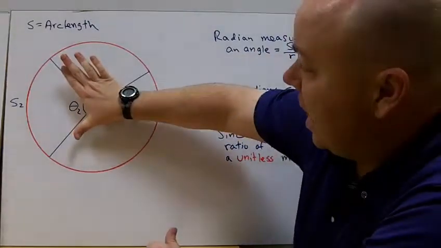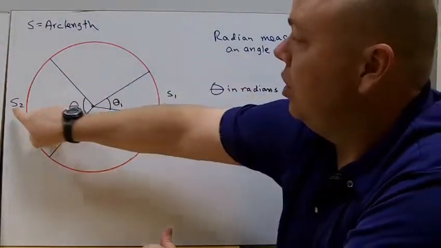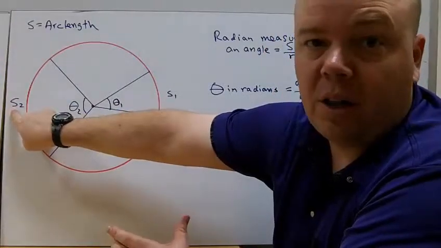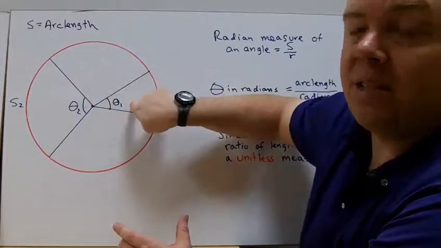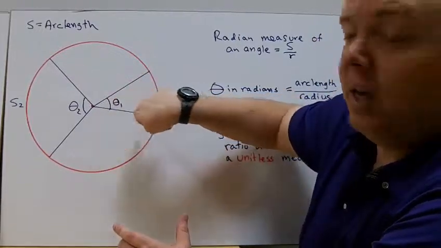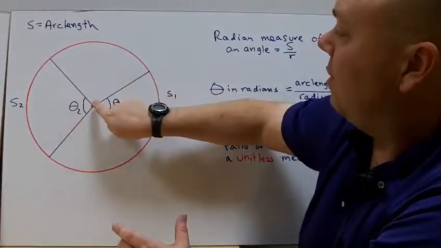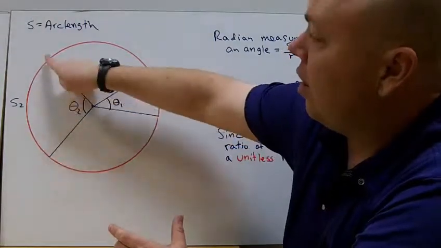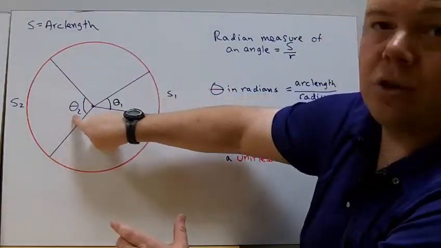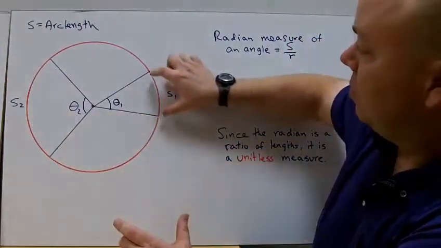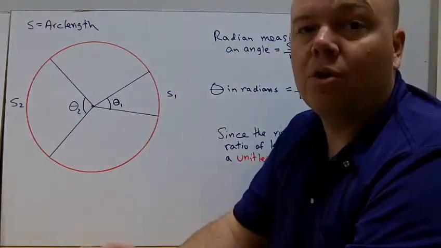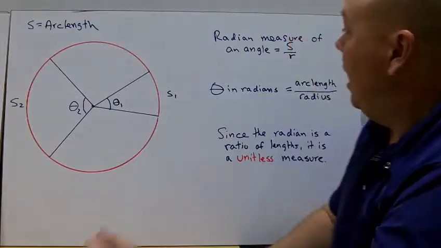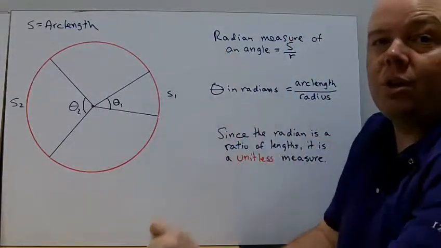So this angle is proportional to the arc length to the radius. In this case, the radius will be the same in this circle. However, if you have a larger arc length, you will have a larger angle. If you have a smaller arc length, you will have a smaller angle. So the angle is proportional to the arc length. And that proportion we're going to call a radian.